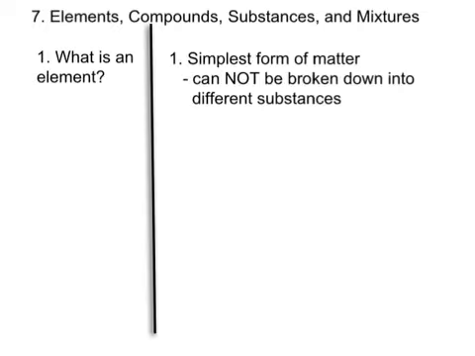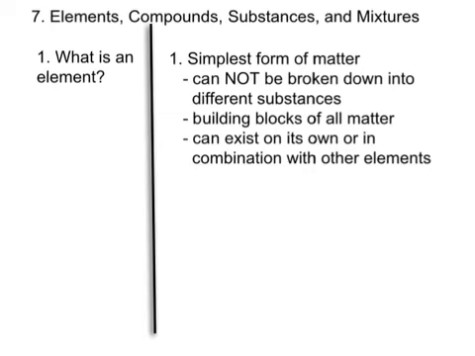So, for example, we saw that copper and zinc, when we mix them together, make brass. Or carbon and oxygen can form carbon dioxide. Hydrogen and oxygen can come together and form water, H2O. So, elements can exist either on their own or in combination with other elements.